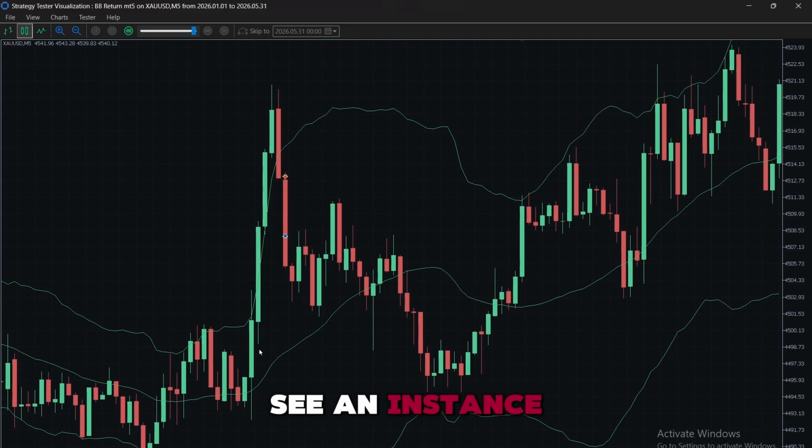You can see an instance where the price broke out of the upper Bollinger Band and it didn't place a trade here. The BB Return Expert Advisor actually waited for the price to close back below the upper Bollinger Band before placing a trade. I think that's where it got the name BB Return from. So it waits for the price to return below the upper or lower Bollinger Band before it places a trade, and it uses a hard SL and TP.